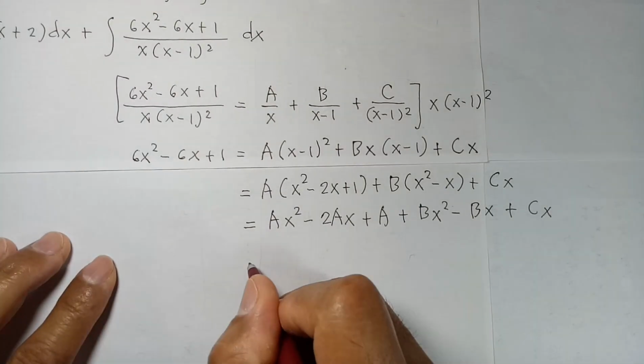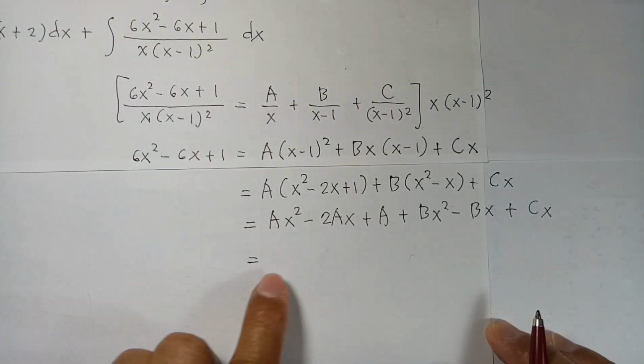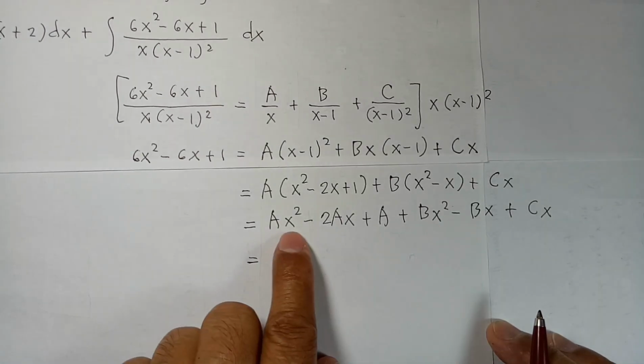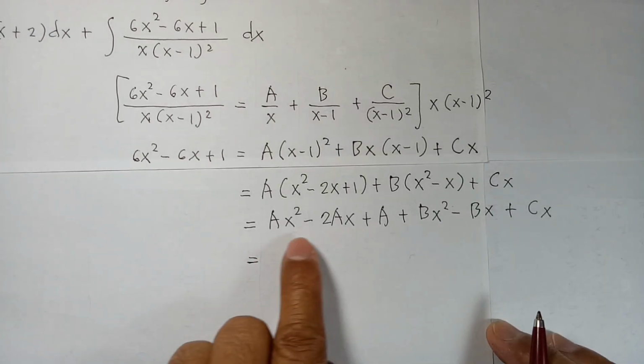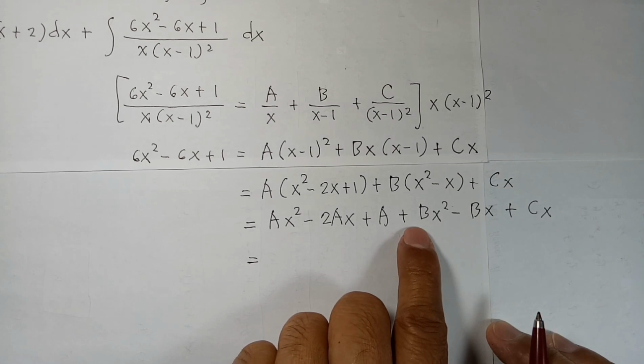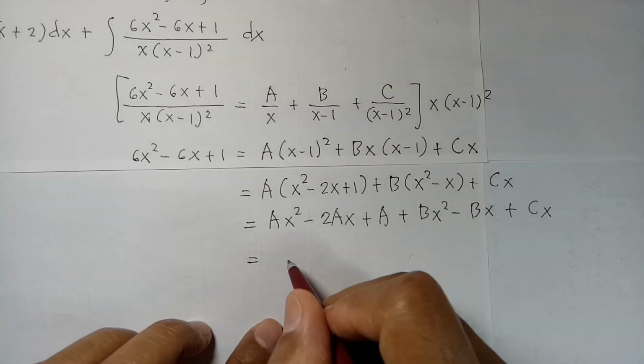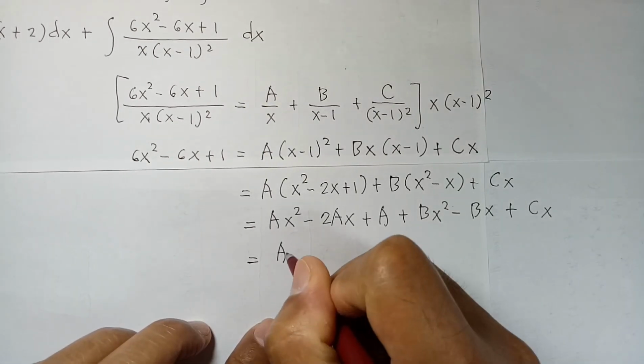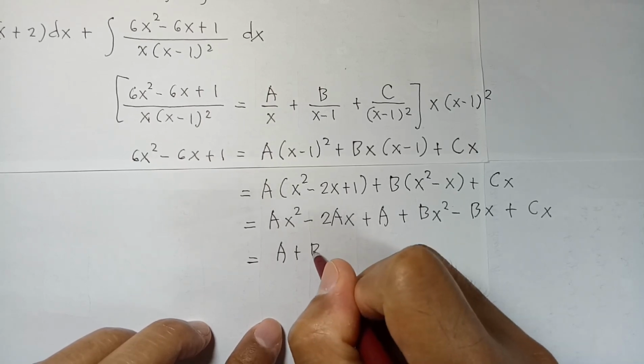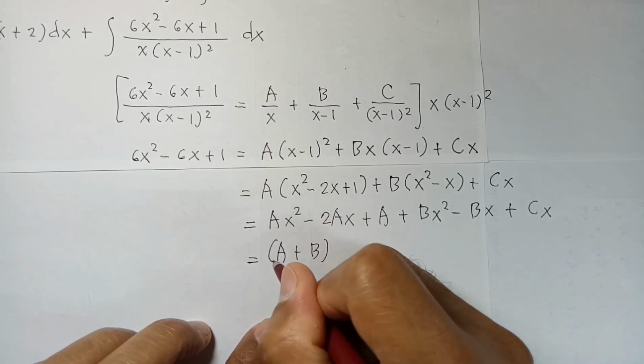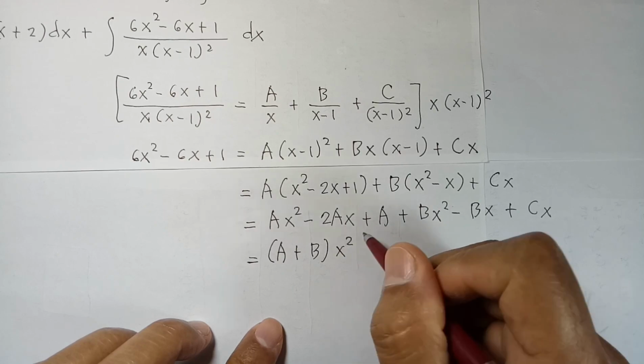So for x squared, we will have a coefficient of a plus b. So a plus b, and then times x squared.